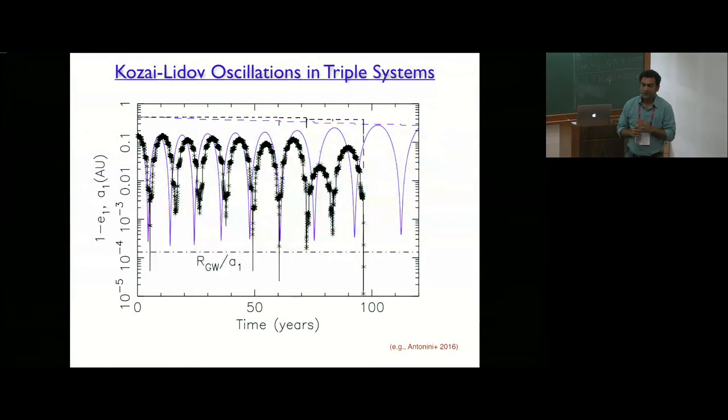So, by definition, secular means that where exactly the object is in its orbit doesn't matter. So this is a sufficiently slow process for which an object in orbit essentially is like a ring.